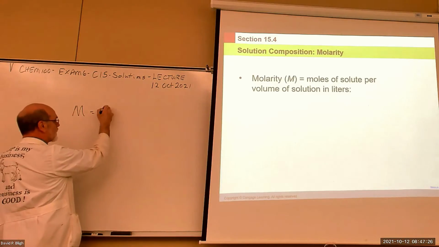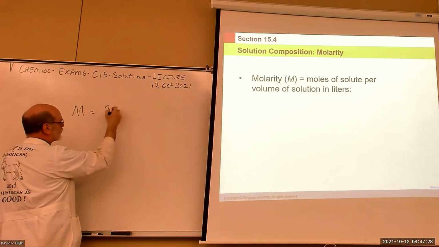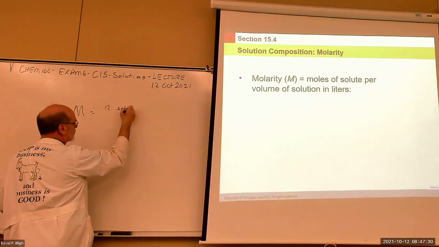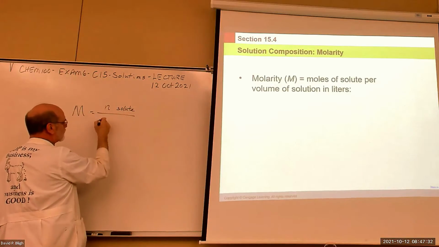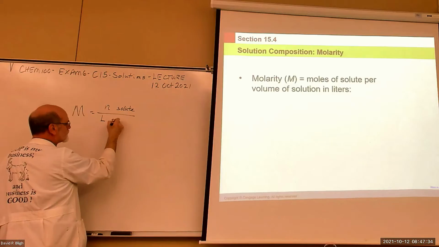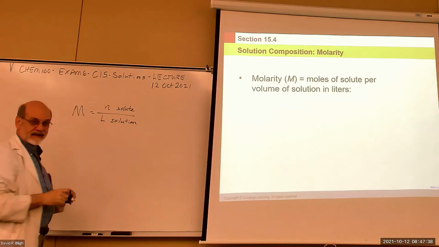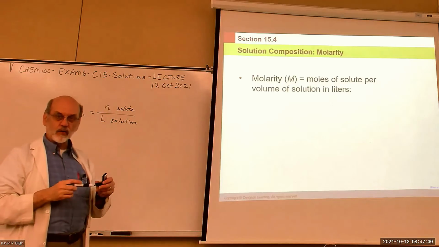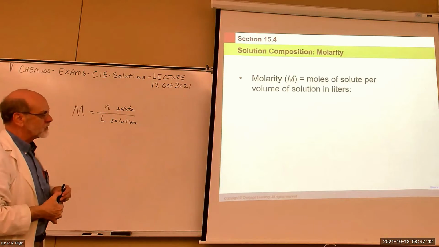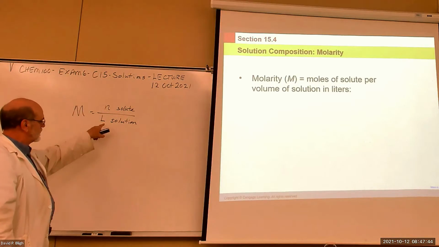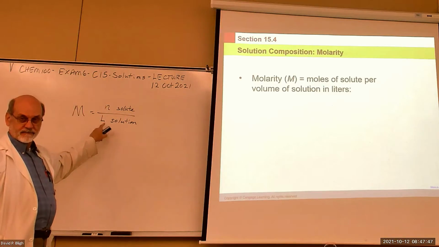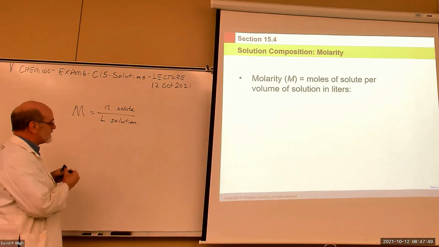And this is the ratio of moles of solute per liter of solution. That little n is my abbreviation for moles. Moles of solute per volume in liters. Now, what does that mean?